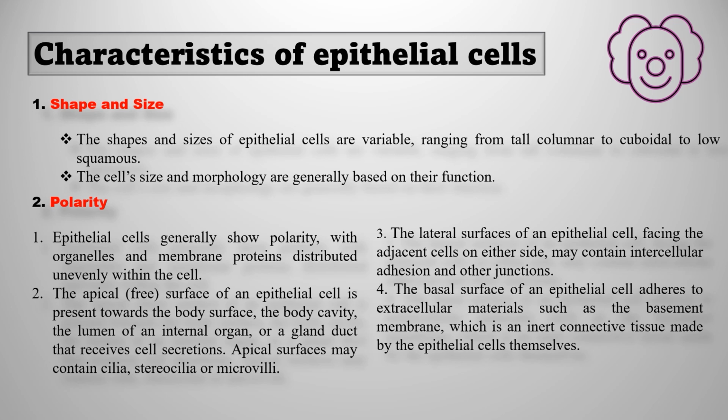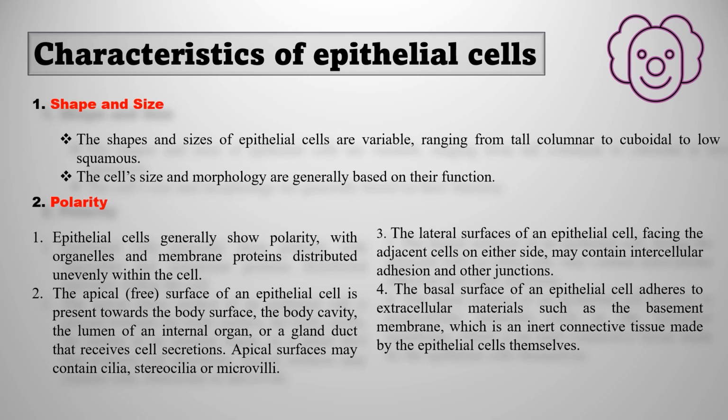The basal surface of an epithelial cell adheres to the extracellular materials such as the basement membrane, which is an inert connective tissue made by the epithelial cells themselves. Be careful. It is a connective tissue, but it is made by the epithelial cells themselves.